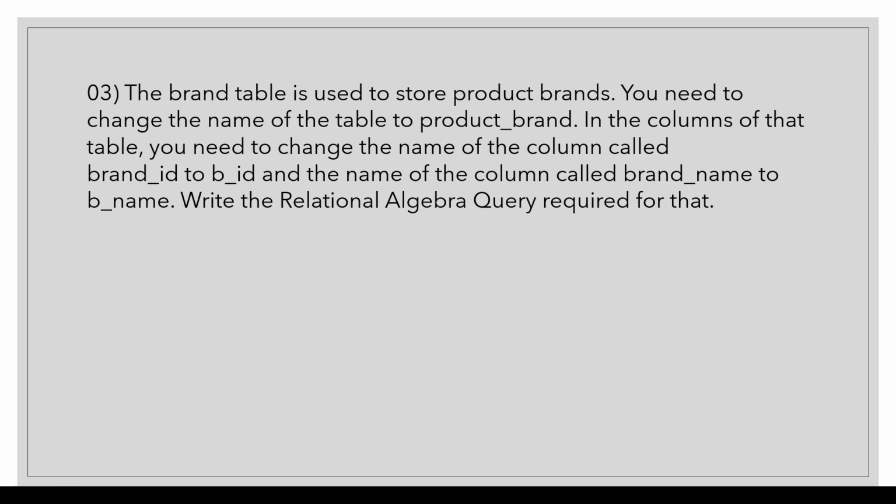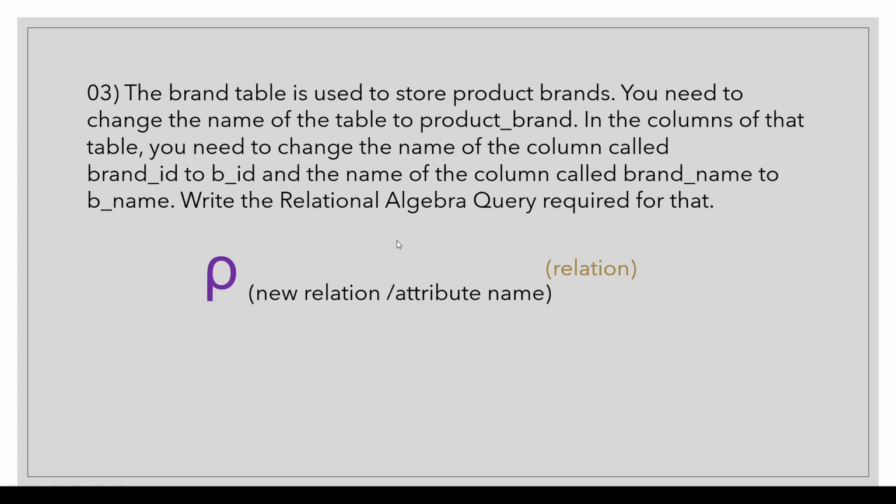In the previous question we changed the attribute name, and in the first question we changed the relation name, but in this question we have to use both of those methods. We have to change the relation name and also the attribute name.